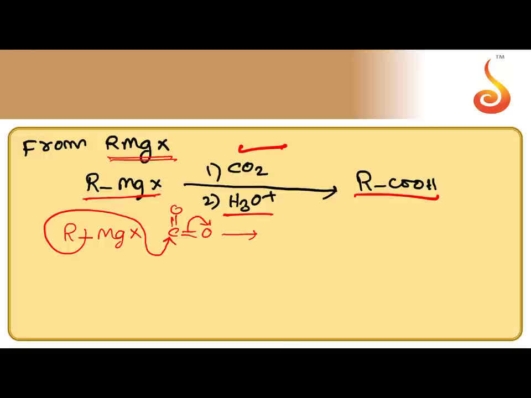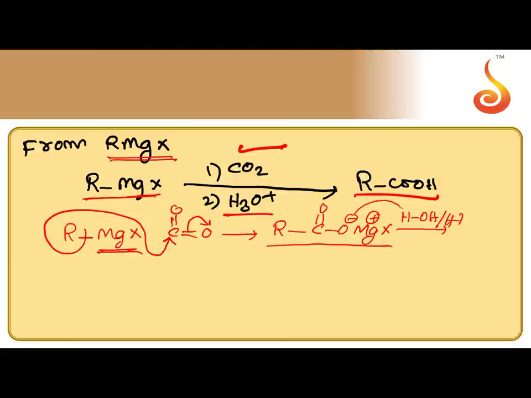This is a nucleophilic addition reaction, producing an intermediate salt-like addition product, an adduct: RC double bond O minus, with MgX plus attached to the O minus. After the formation of this salt-like adduct, when it is subjected to hydrolysis, O minus takes H plus, forming RCOOH.